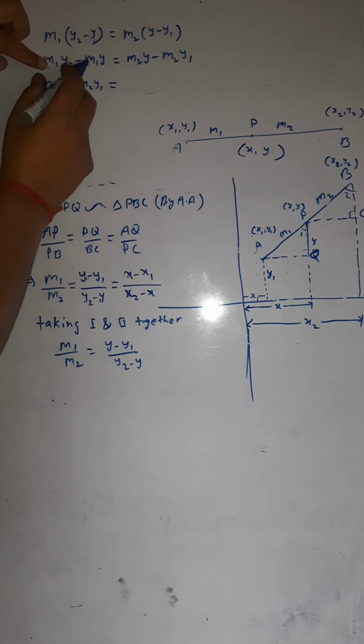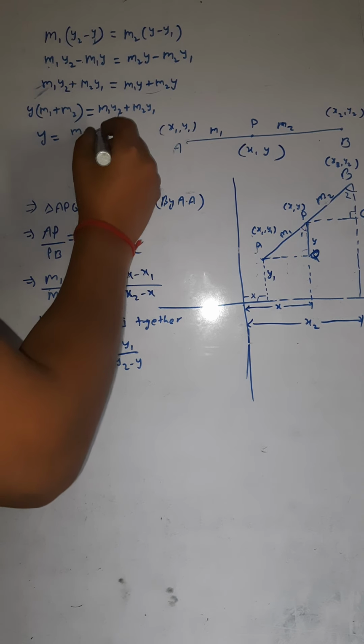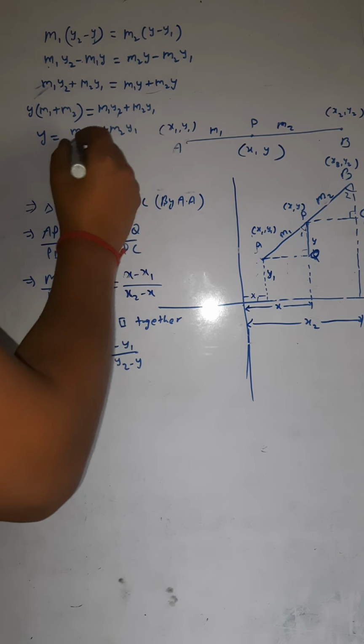Okay, so from here what would be the value of y? y would be equal to M1 y2 plus M2 y1 divided by M1 plus M2. So this is how you will find the coordinate y.